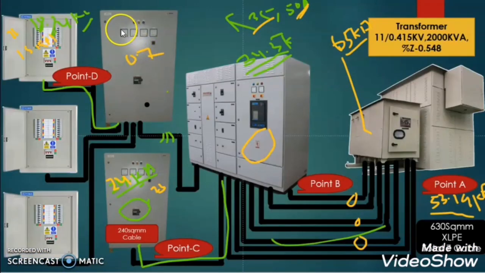So we can go for 1 kiloampere prospective short circuit breaker rating for the load. Hope you clearly understood how the prospective short circuit current is to be calculated at the different levels.